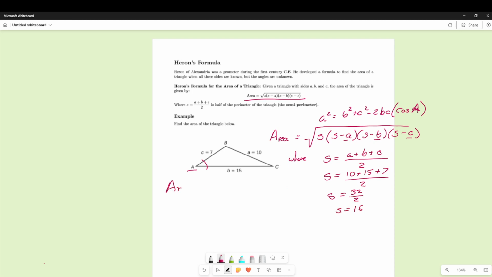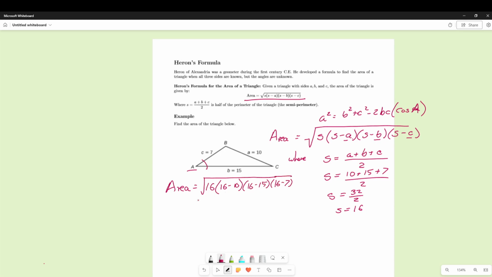So then our area is the square root of that 16 times 16 minus each of the side lengths. So 16 minus 10, 16 minus 15, and 16 minus 7.